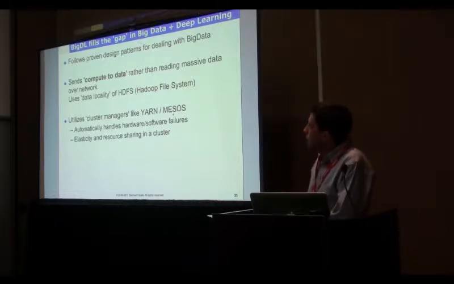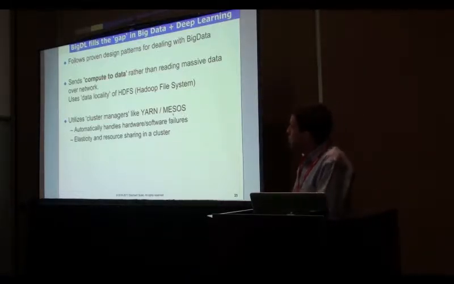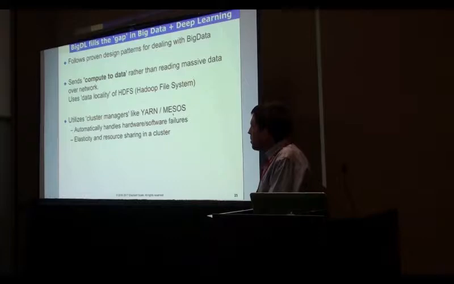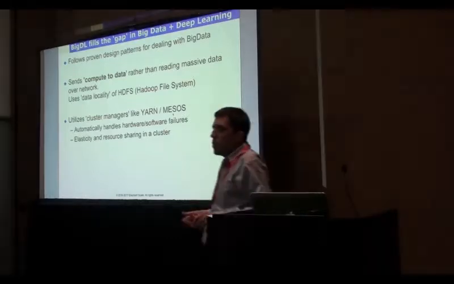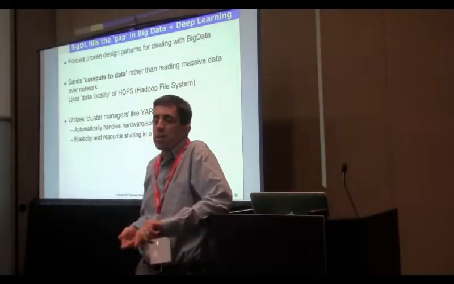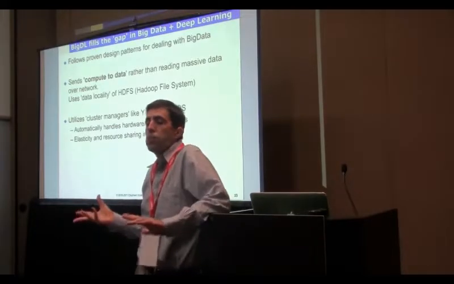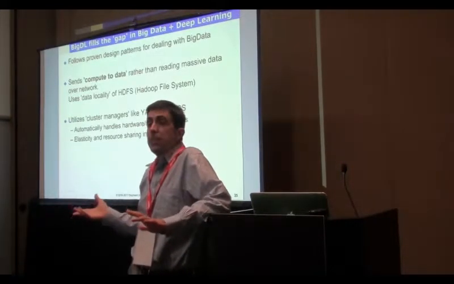And so now, in terms of big data, we want to be able to send our compute to the data. If you're familiar with the Hadoop ecosystem, that's been the mantra of big data for the last 10, 15 years, right?